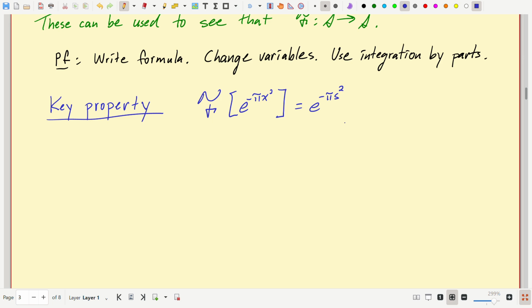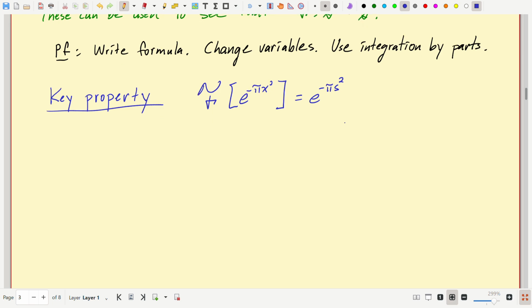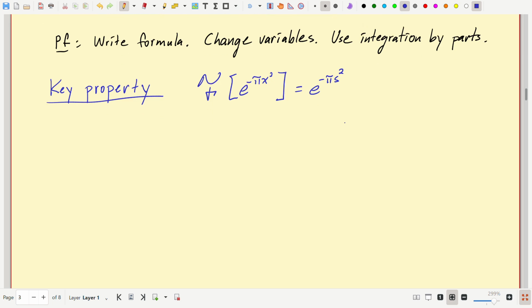This is going to be an easy thing to show, amazingly. And let's see, step one in showing it. First I want to show you it's a real valued function. I claim the Fourier transform of e to the minus pi x squared is real valued.